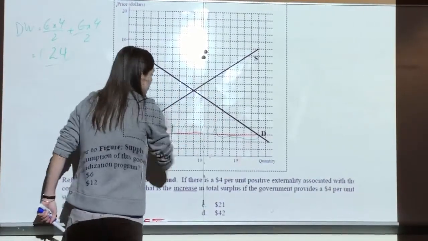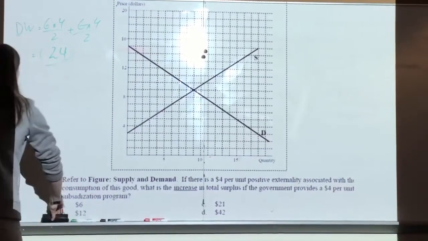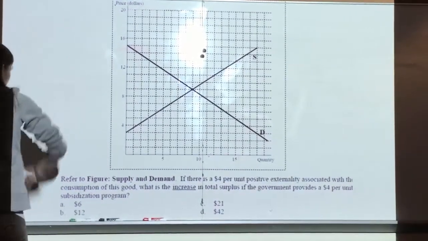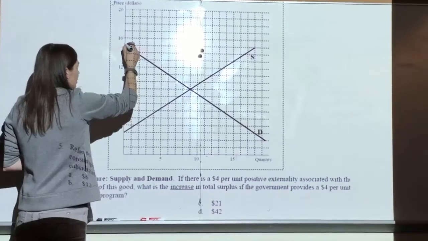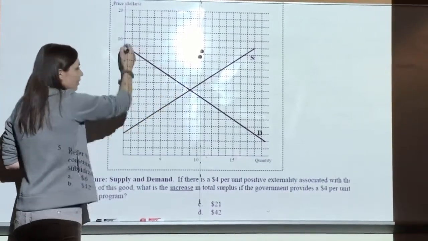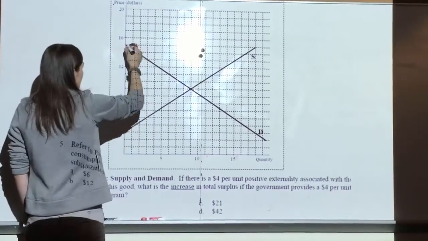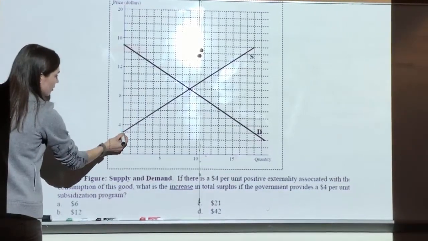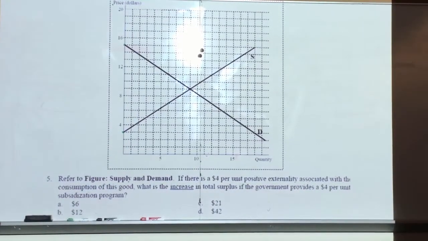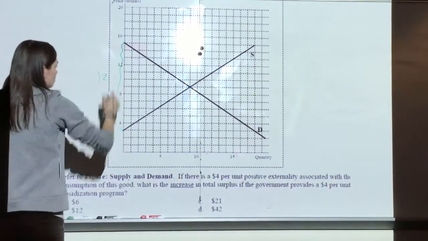What is total surplus without any government intervention? Well, first of all, as in a regular demand and supply situation, we have the area of this triangle. The base is, this is the intercept of 15, and this is 3, so this whole thing is 12.